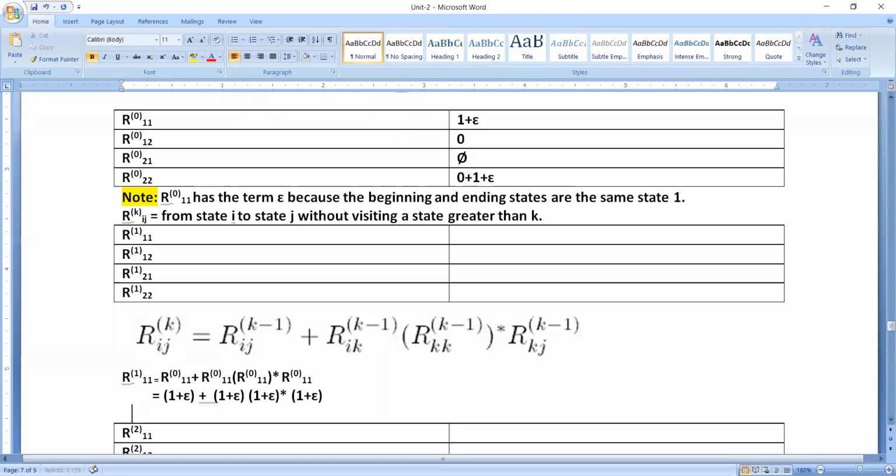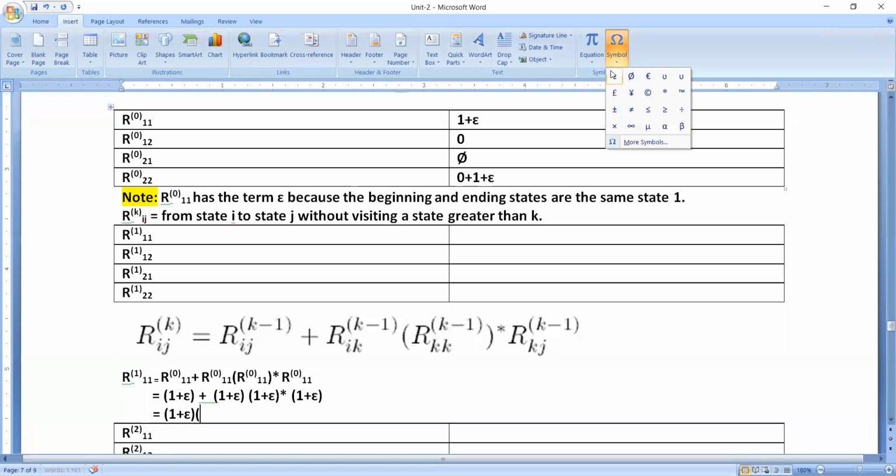Now can we apply some simplification over here? We have already identified identity rules. Can I take 1 plus epsilon as common? Once I take this common, this term will be epsilon, plus epsilon plus, and now these two terms will remain.